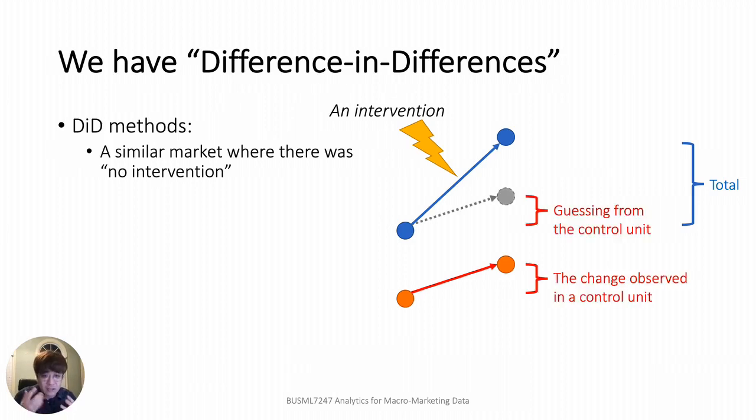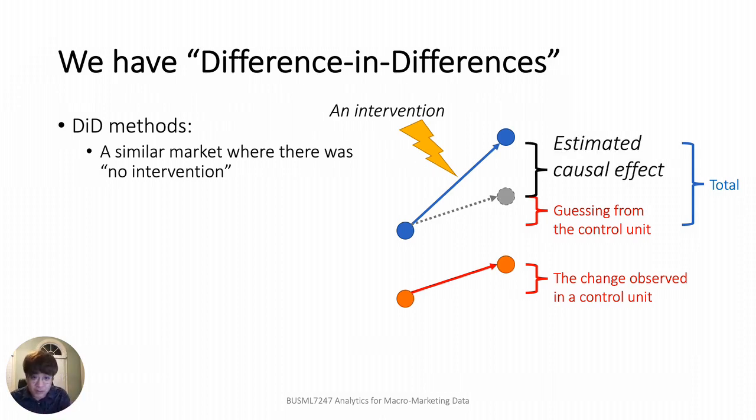DID estimates the outcome of the treated unit in case of no intervention from the change in the outcome of the control unit, subtracting the estimate from the total effect observed. We finally have a DID estimate of the causal effect.